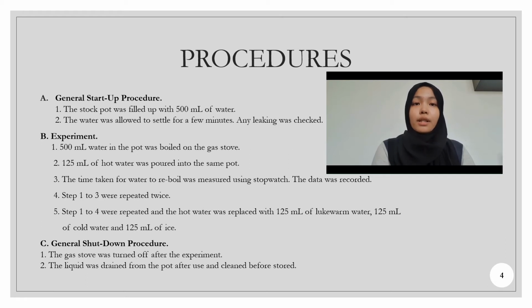Fourth, steps 1 to 3 were repeated. Fifth, steps 1 to 3 were repeated and the hot water was replaced with 125 milliliter of lukewarm water, 125 milliliter of cold water, and 125 milliliter of ice.